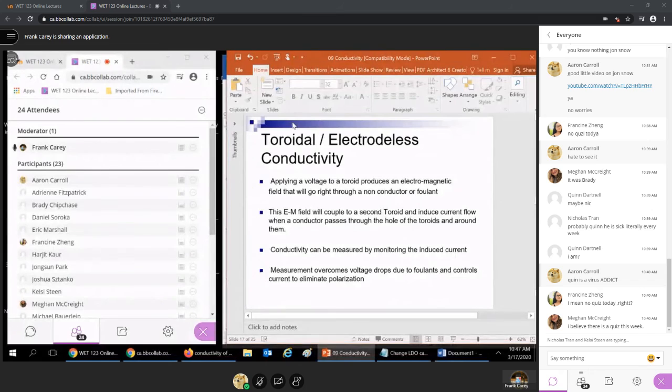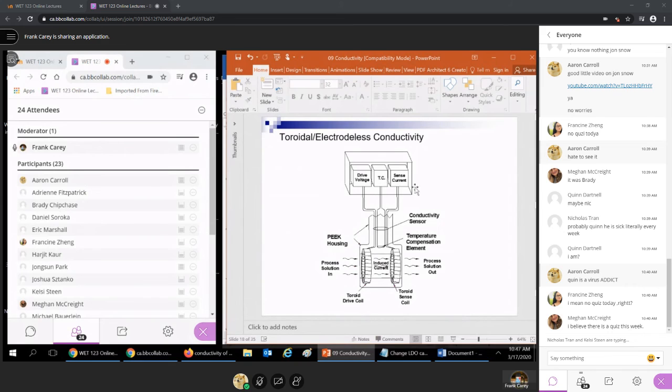There's also another type of conductivity probe. This one is electrodeless. So I'm going to let you read this. I hope there's no blanks. If there are, please put up your hand. But everybody should recognize this kind of drawing. Now, it's very similar to a mag meter.